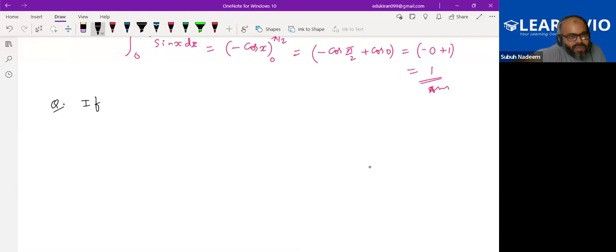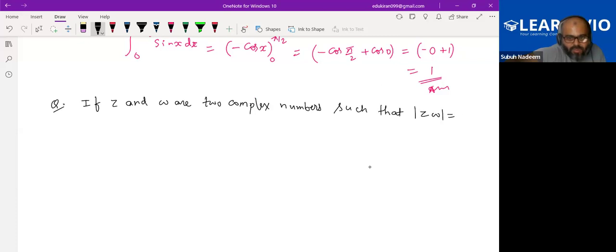If Z and omega are two complex numbers such that mod of Z omega is equal to 1 and argument of Z minus argument of omega is equal to 3 pi by 2.